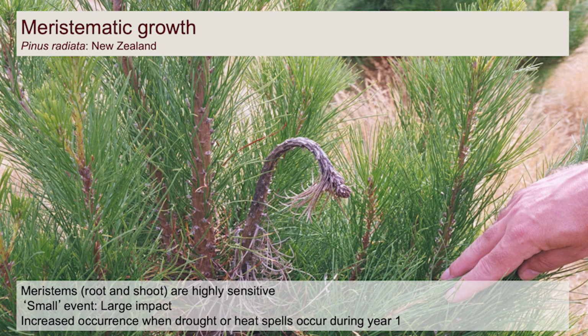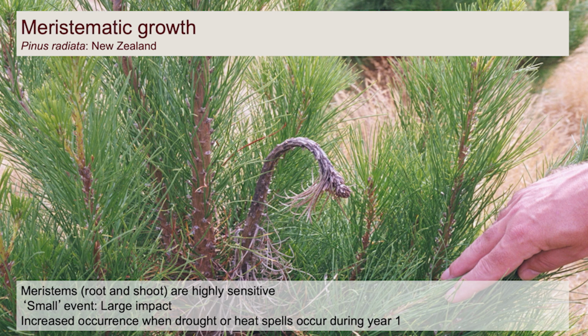The apical meristem, which you might think is a relatively small effect. The remainder of the plant you see is quite healthy. Meristems are highly sensitive, and this very small effect can have a very profound effect on productivity. I should also point out, in these environments, this meristem death as a result of boron deficiency is much more prevalent when you have a drought or a heat spell.